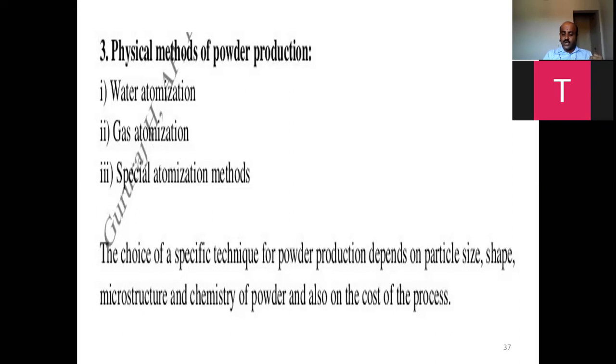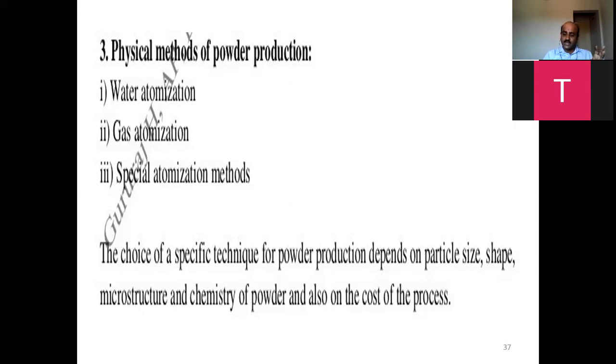But the choice of a specific technique for powder production depends upon the particle size, shape, microstructure, and chemistry of the powder, and also finally the cost of the powder. So these are the parameters that need to be taken care of while making the choice for a specific technique of powder production.